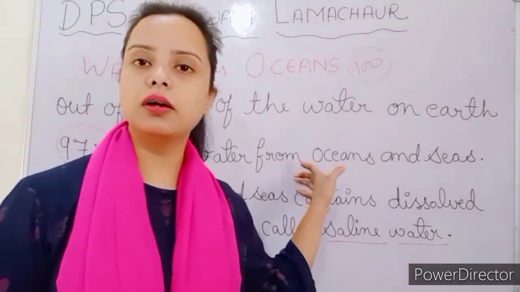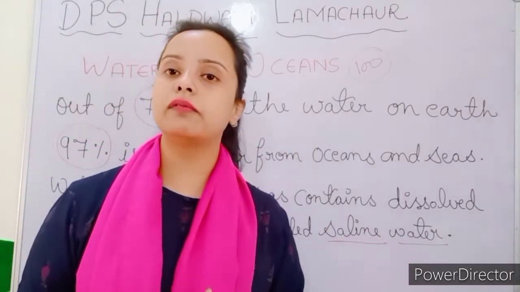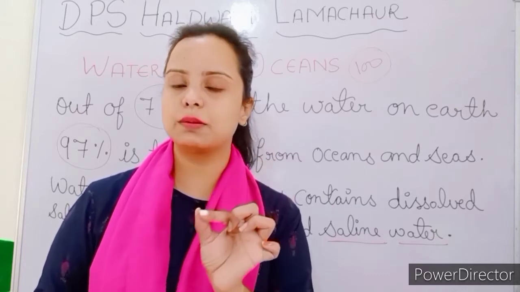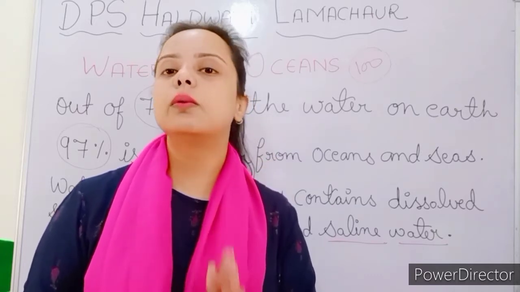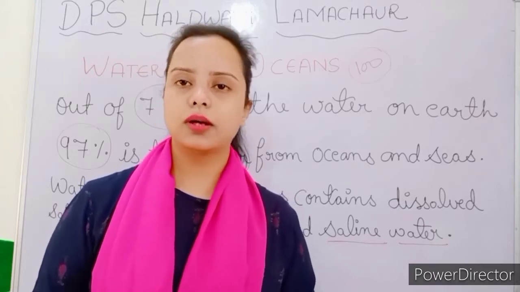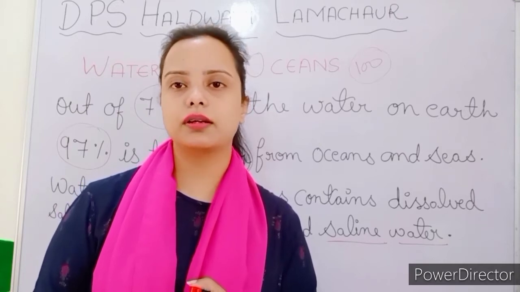Only the 3% water, and out of that 3% water, 0.006% of the water is only suitable for us for the consumption. Okay, so now let's move to our next topic.